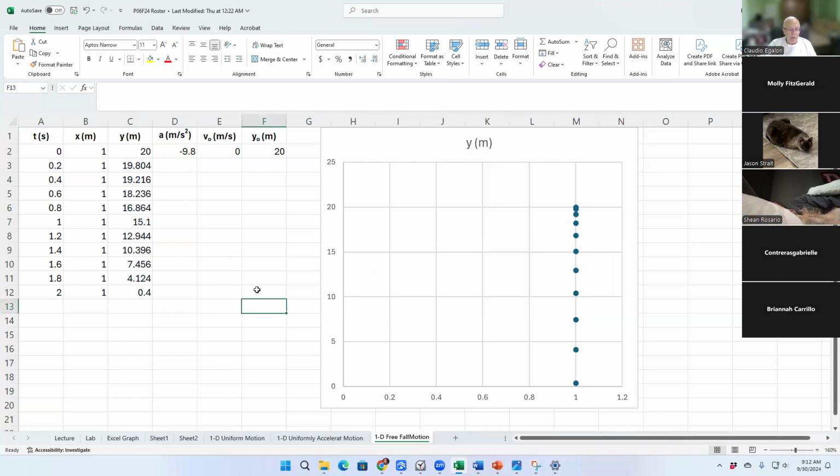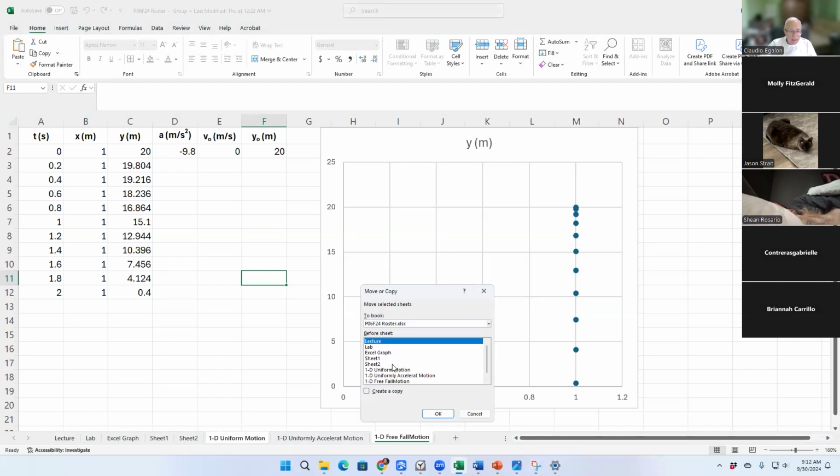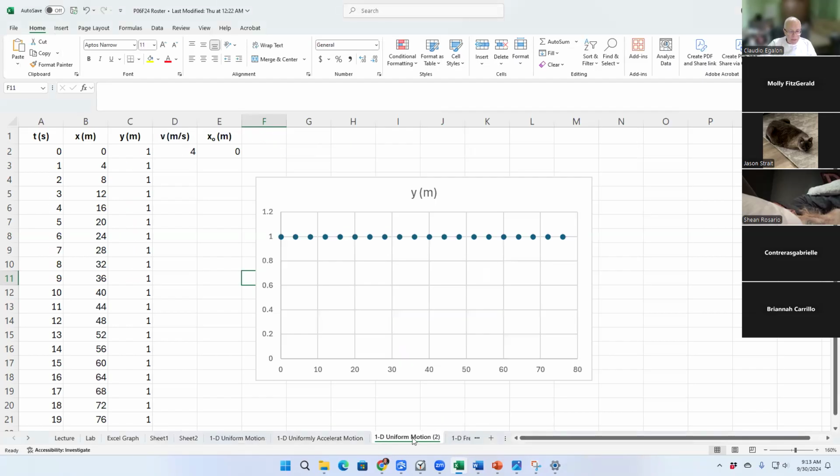And now we are going to do projectile motion. Projectile motion is a combination of a vertical accelerated motion and horizontal uniform motion. It's a combination of those two, okay? And I'm going to copy this one, duplicate the spreadsheet, and move to uniform motion.